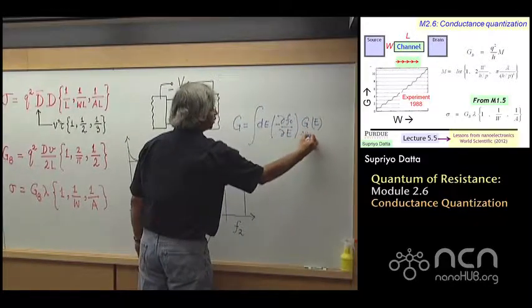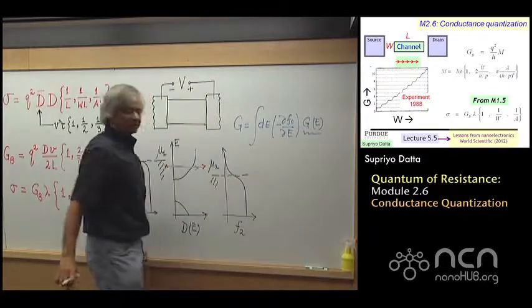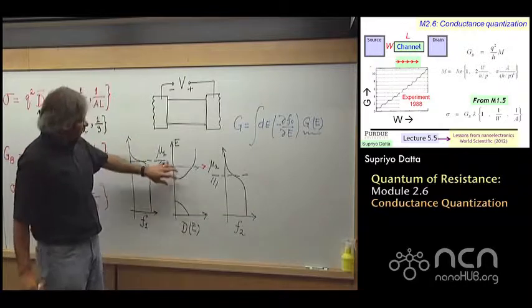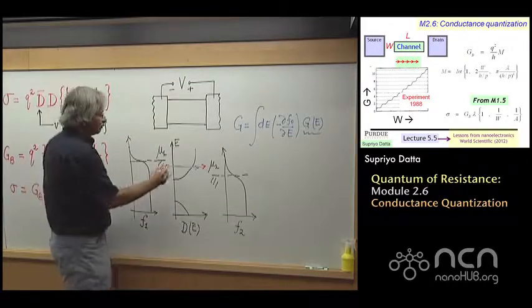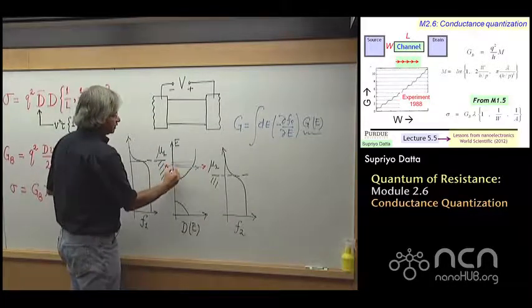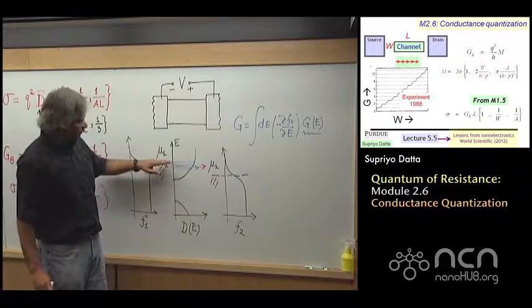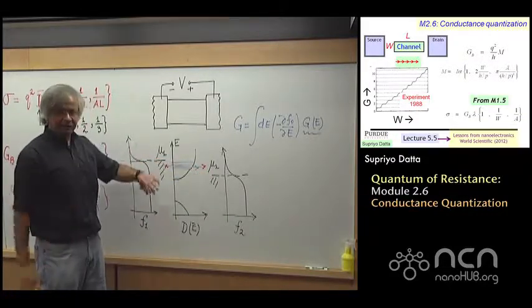So in other words, we are talking about this conductance at a given energy, and the actual conductance would be obtained by averaging it over a certain range of energies, of the order of the voltage that is applied and the kT.